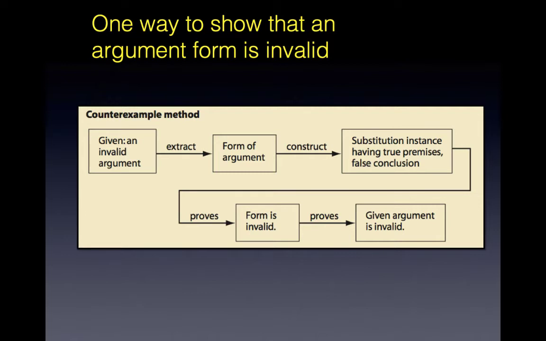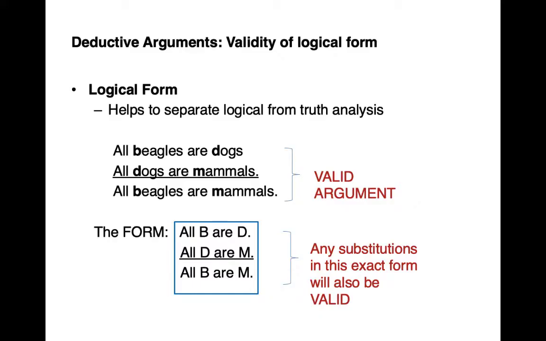So here is an extract of an image from the text which outlines how this counterexample method, using substitution instances or examples of the logical form of an argument, may be used to prove that the form is not valid, not truth-preserving, not one we get the guarantee from that says the conclusion is actually true. In other words, this is one where we aren't guaranteed the conclusion is true, even if the assumptions are true.